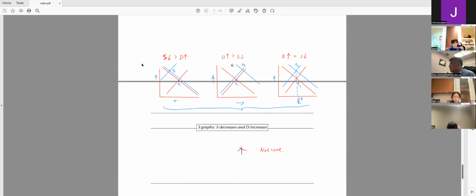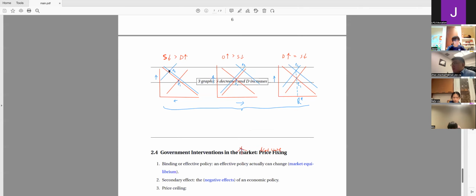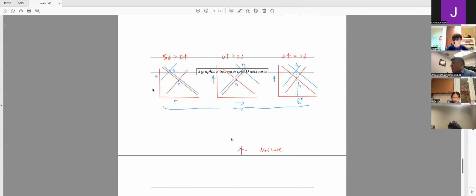Yes or no? Do you guys need me to draw all the other graphs for you, or can you do the graphs by yourselves?